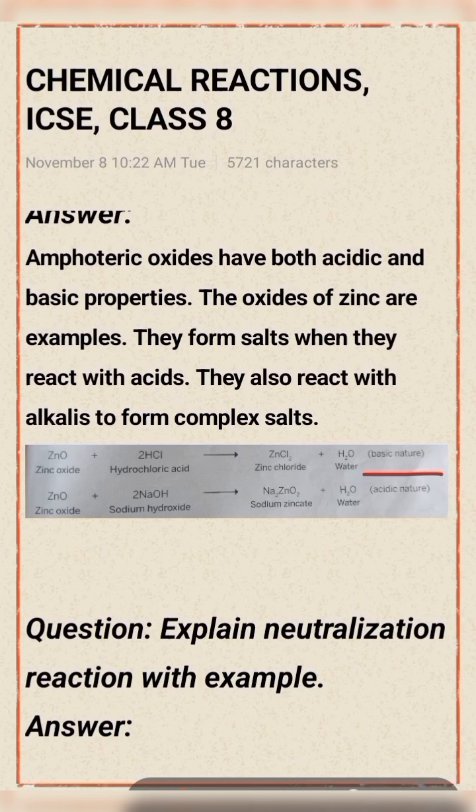Next part for this question, zinc oxide, ZnO, reacts with sodium hydroxide, 2NaOH. 2 is the balancing number. It forms complex salt, that is sodium zincate, Na2ZnO2, plus H2O. This reaction shows acidic nature. Okay.